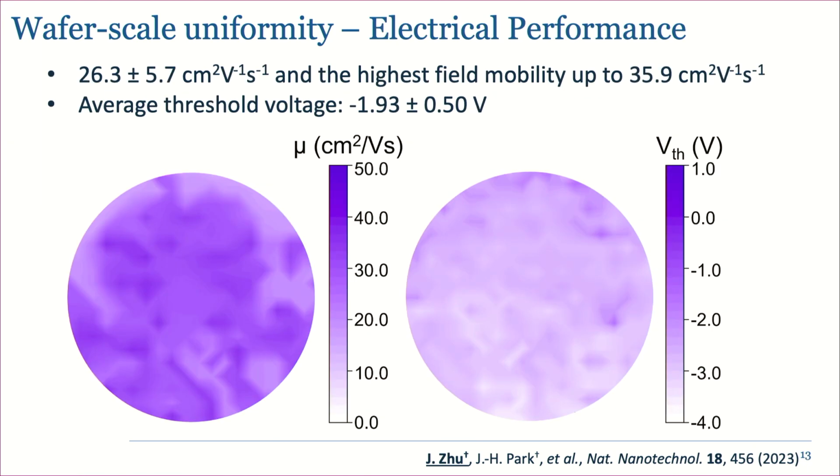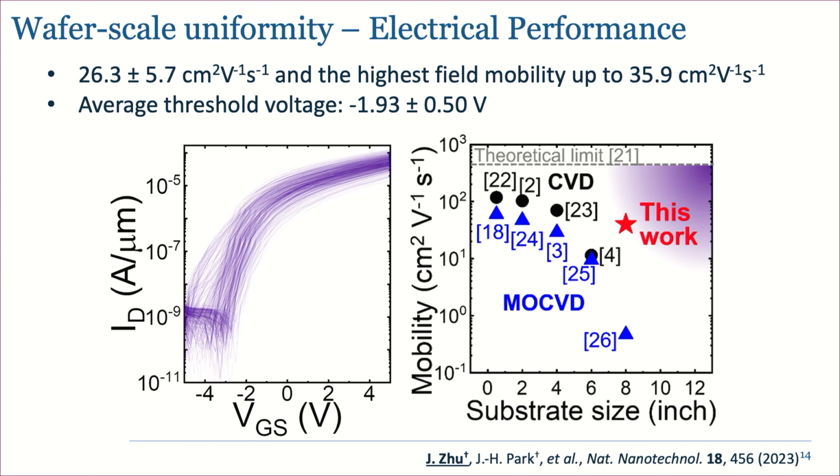But then we can fabricate transistors across the wafer, and we see that a little more non-uniformity starts to emerge. Using these transistors, we can extract the mobility of the material, and it's somewhere on the order of 30 to 35. But the problem here is that there is some variation in the material.